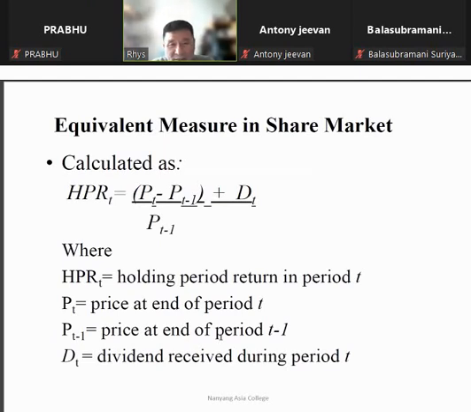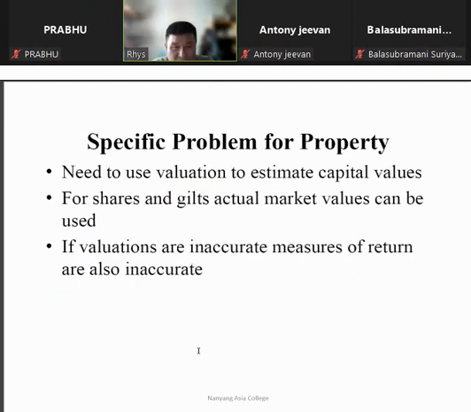All the formulas. Equivalent measure in share value. This one could be out of our scope because this is a share. We talk about projects, right? So you need to use valuation to estimate capital value or share, and give the actual market value, etc. All right.